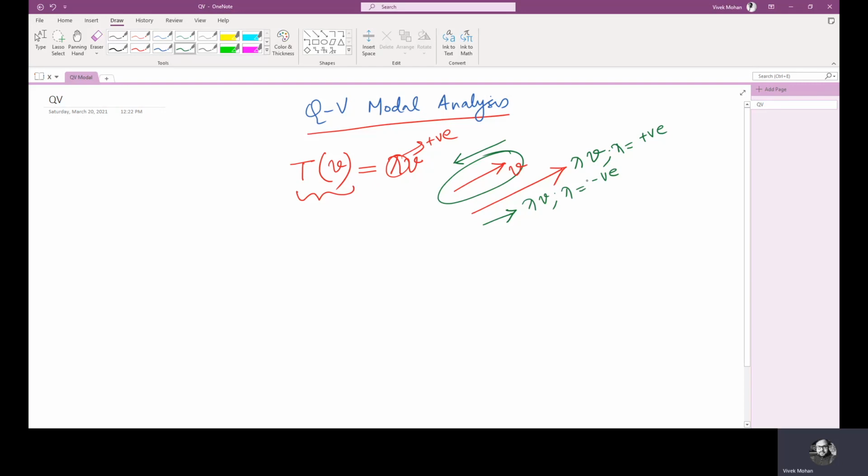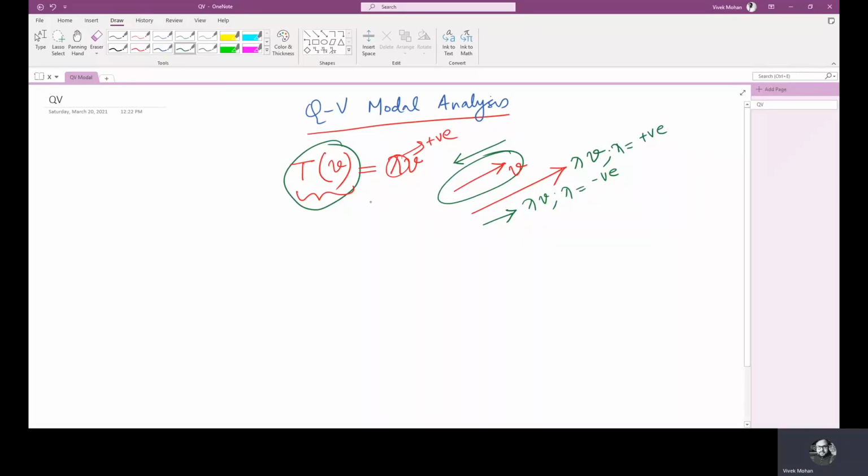This transformation, T of V, where T is the transformation, can be of different types. It can take different forms, mapping vectors in a variety of vector spaces.